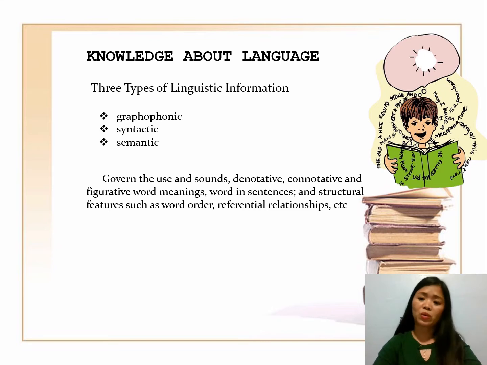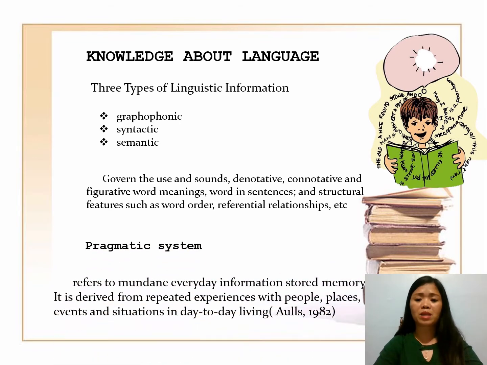The ways in which we use language to express and understand meanings relate to how language is used in social settings, referred to as the pragmatic system. So, language cannot exist outside of a context. In some contexts, people will pronounce words differently, use different dialects, or use a second language.